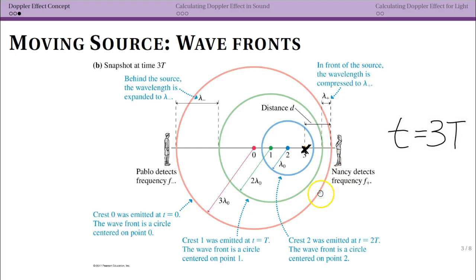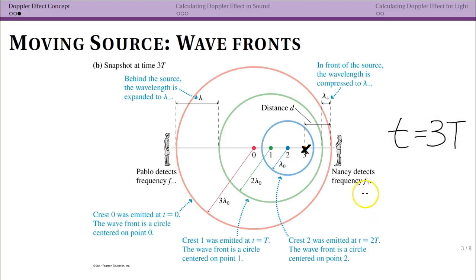The red circle is centered on where the source was at that moment in time. At the later moment, the 1 period moment, our source was here, and that wave again expanded out spherically, and it's had 2 periods to expand, so it's made it 2 wavelengths. So you're still getting circles, and each circle is centered on where the source was when the crest was created. Keep in mind that each wave front, each circle, corresponds to a crest. But since our source is moving, the circles are not centered with respect to one another.